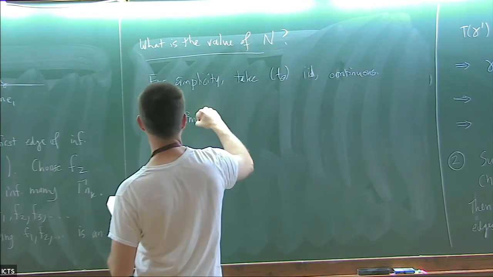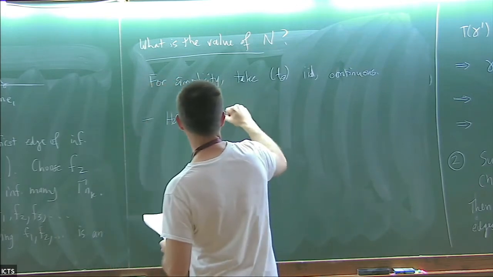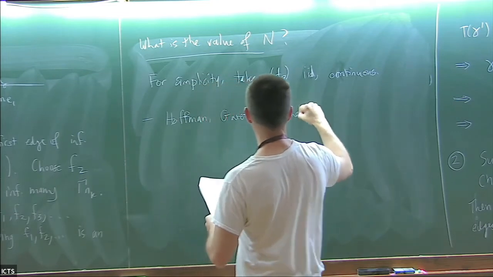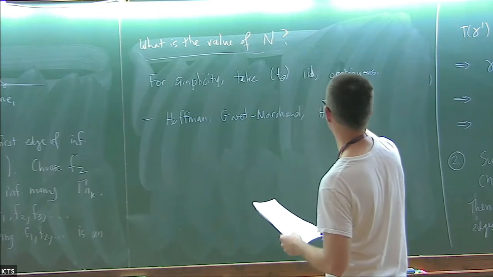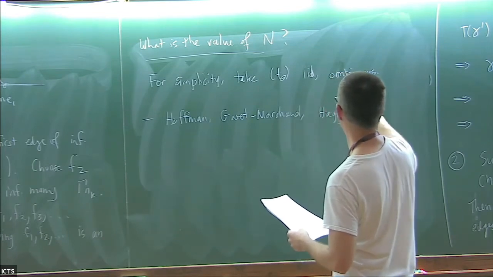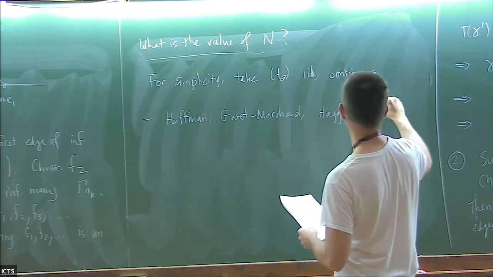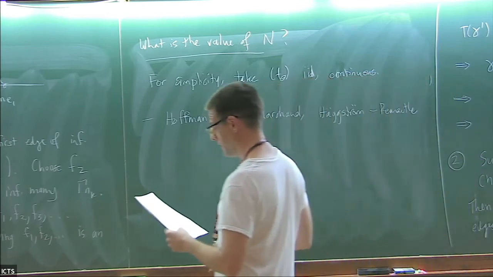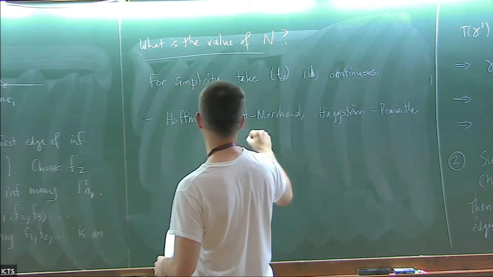Hoffman, Marchand, and Hagstrom and Pimentel. They show that n is at least 2 almost surely.